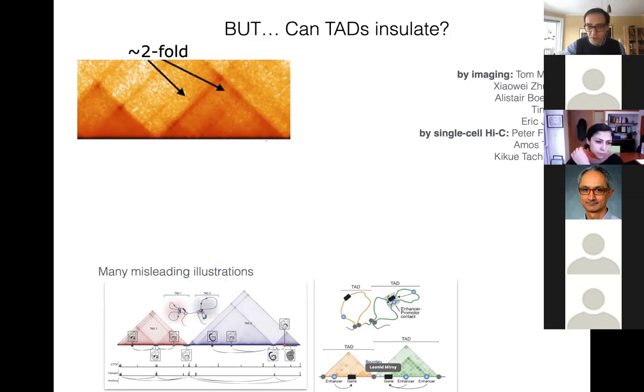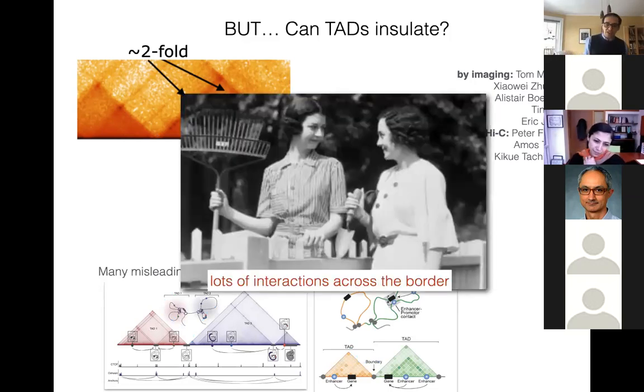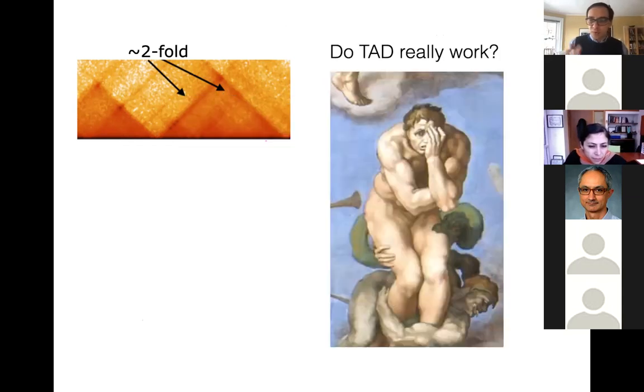We should take these illustrations as cartoons. There are lots of interactions across CTCF borders, and these borders are not very high. And the question is, how do TEDs work? Shall we panic and say that TEDs don't work? Or is there some underlying truth that's hiding behind these Hi-C maps?